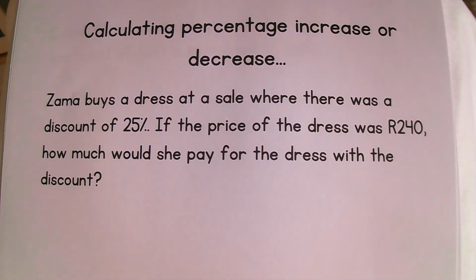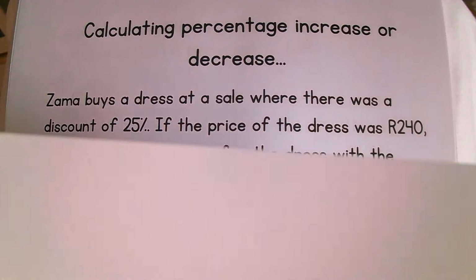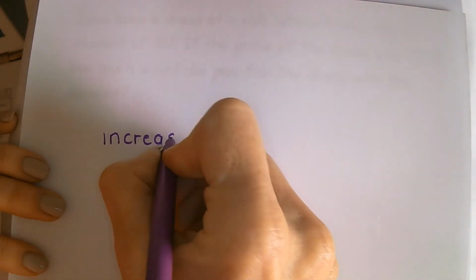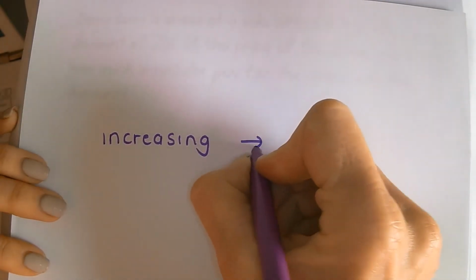Before we start, just to give you a feel of it, percentage increase and decrease works when you are increasing or decreasing the price of something, or increasing or decreasing the number of a specific item. When you are increasing something, you're making it bigger.